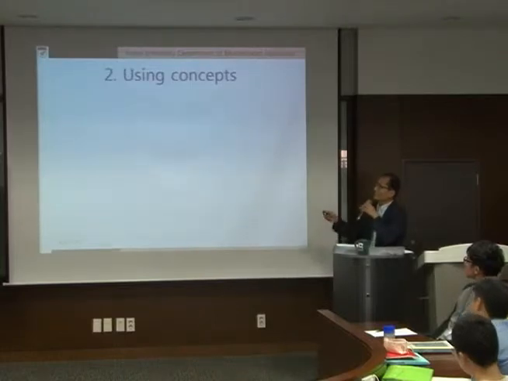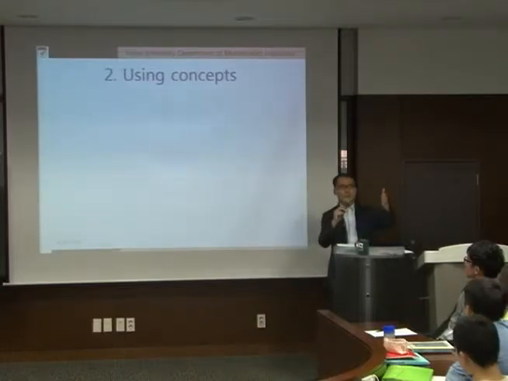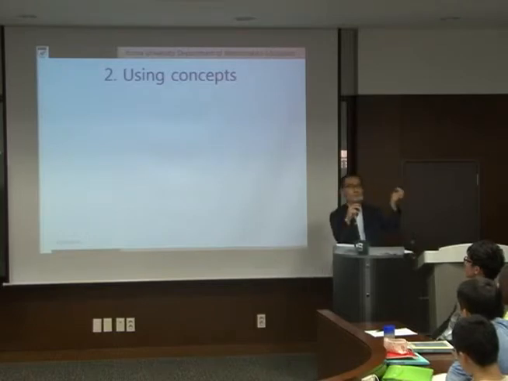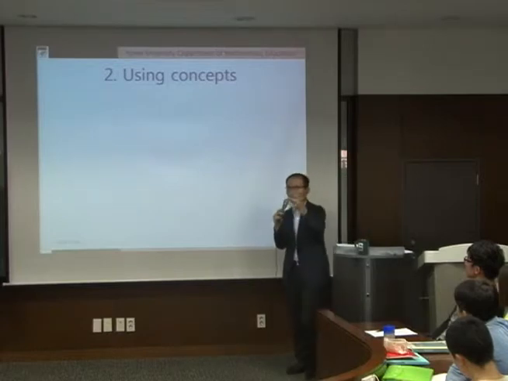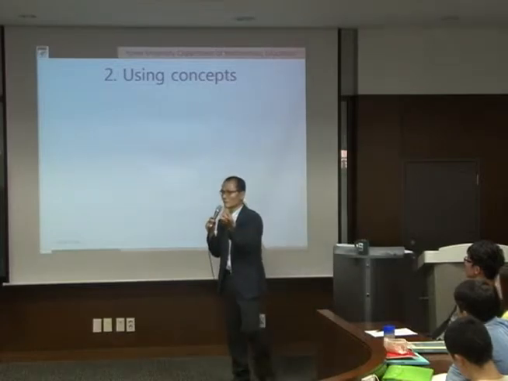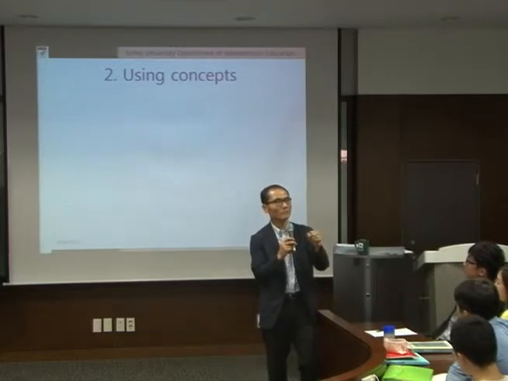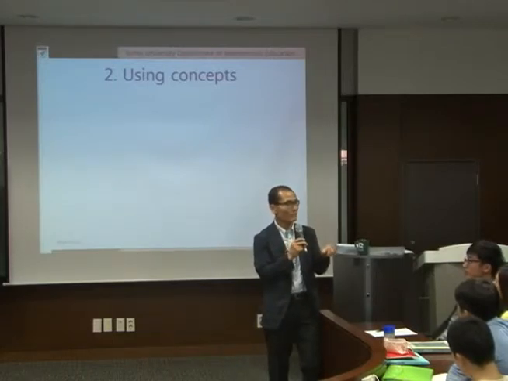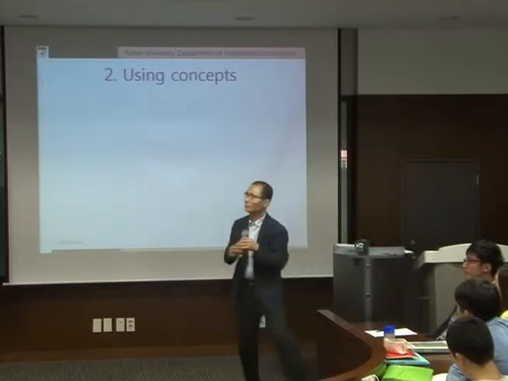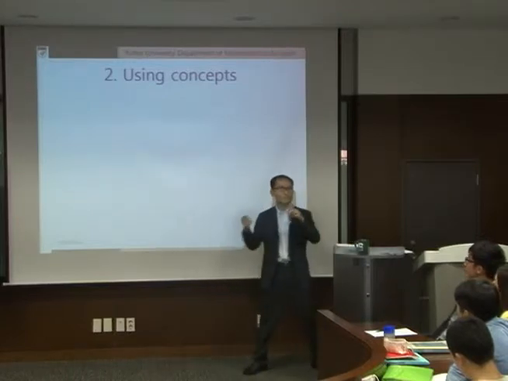Also, they differentiate using concept compared to knowing procedure, right? Do you understand why they differentiate, right? Conceptual understanding is probably different from just procedural knowledge, right? That's why they differentiate using concept category from the first category.